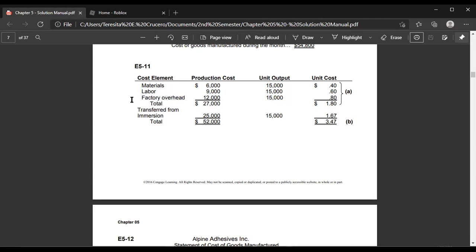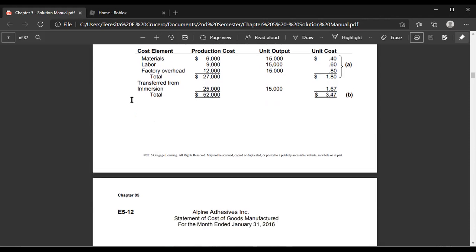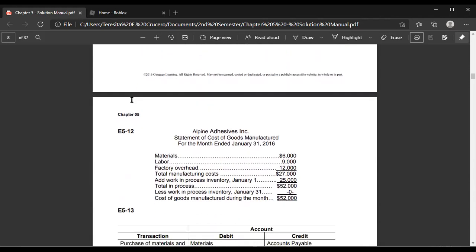We get the unit cost of 1.67, giving the total unit cost, or this is now your cost of the products transferred to the finished goods. So we now have 3.47 in number 11. Next, we go to number 12.